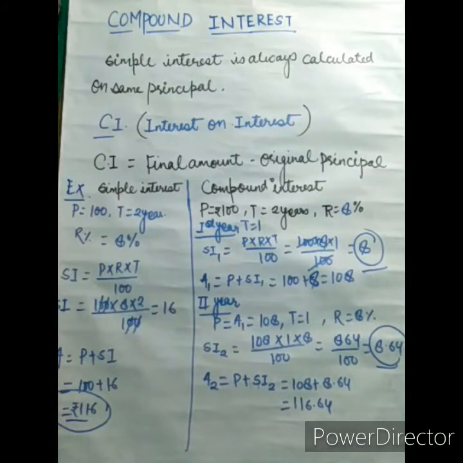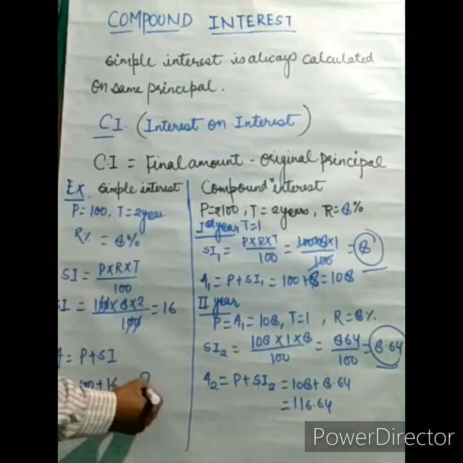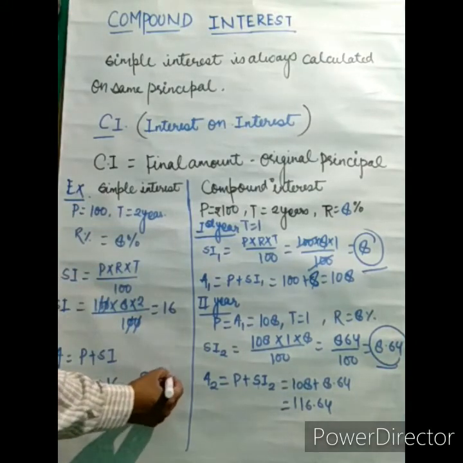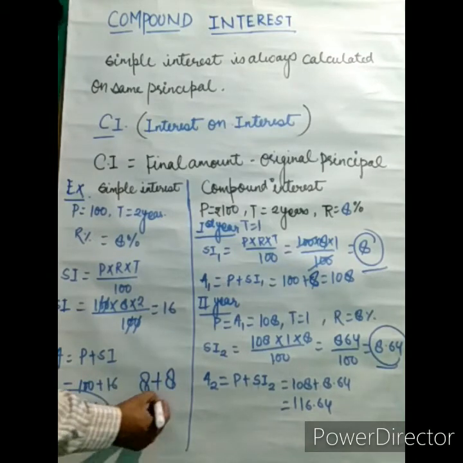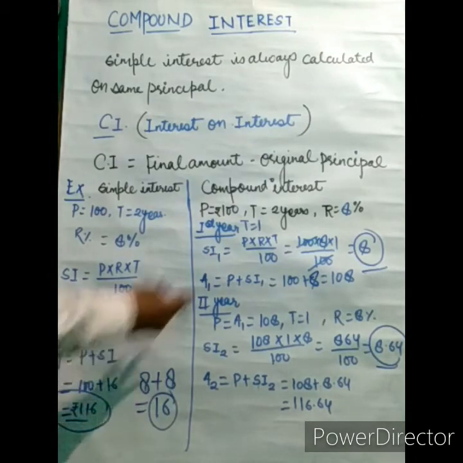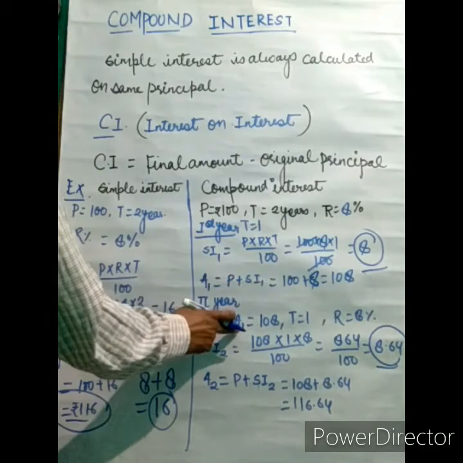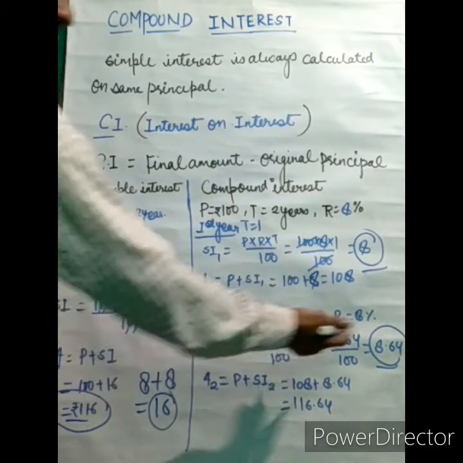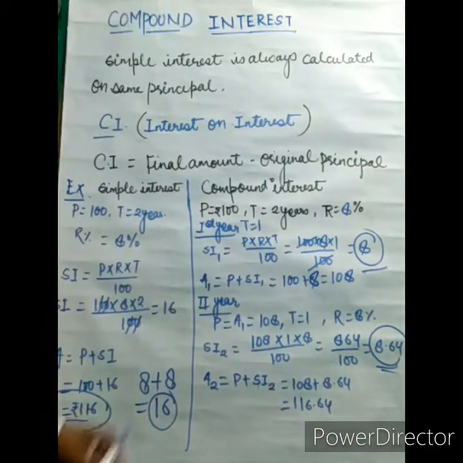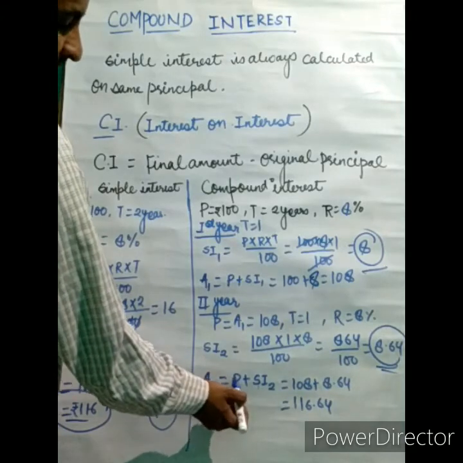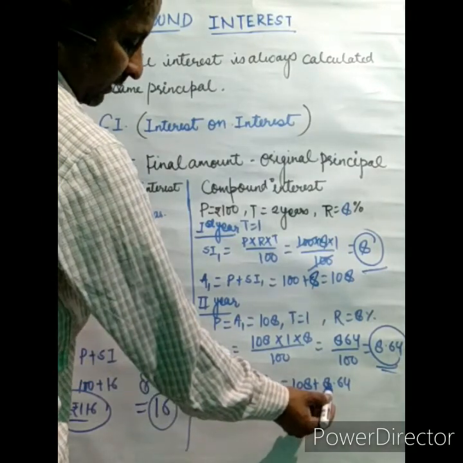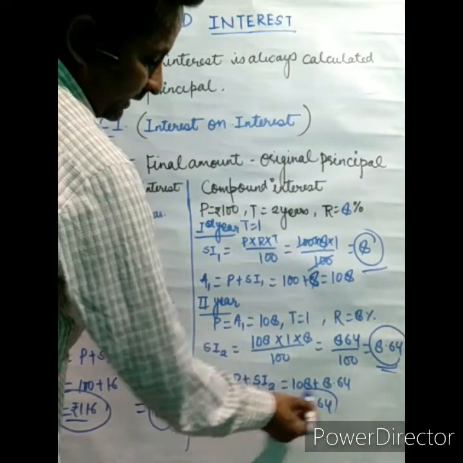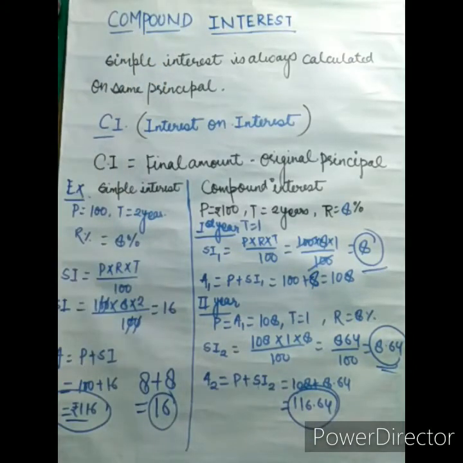In the simple interest case, for the first year interest was 8 rupees and for the second year also 8 rupees, so the interest came to 16 rupees. But here we find interest on the increased principal, so the interest increased. The amount at the end of the second year is equal to 108 plus 8.64, so your amount also increases.